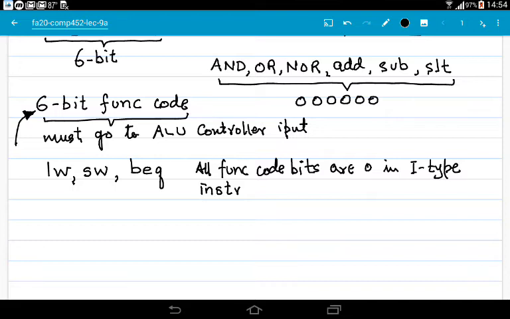So it means that we are probably going to need more inputs. Why? Here is the thing.